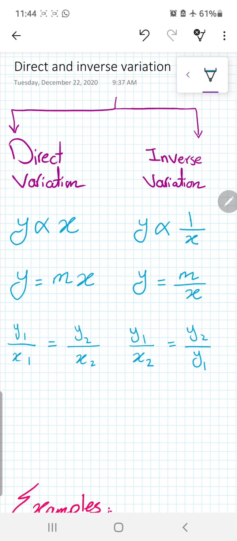In the direct variation, if you start from y1, you must start with x1, so y1 over x1 equals y2 over x2, and in the inverse variation, if you start from y1, then x2 equals y2 over x1. This is if you have two values of x and two values of y.